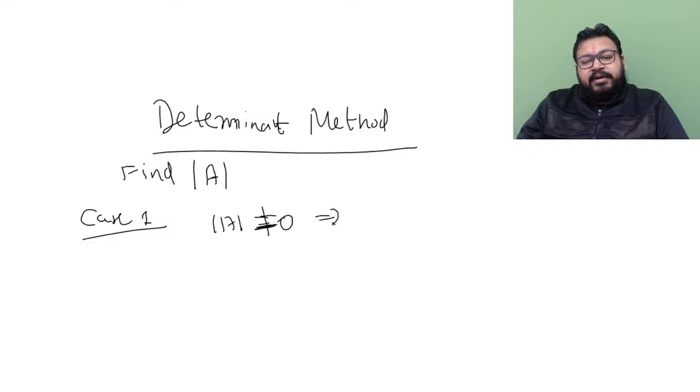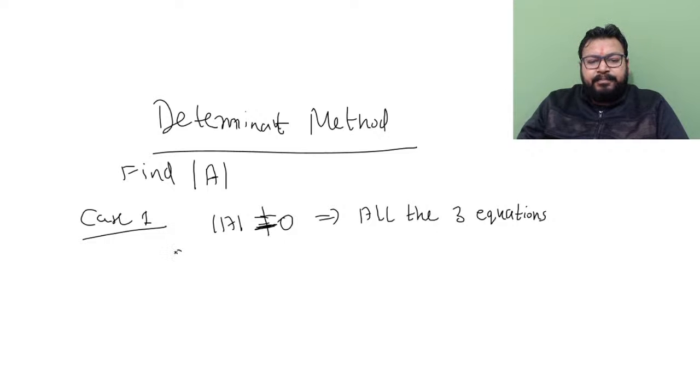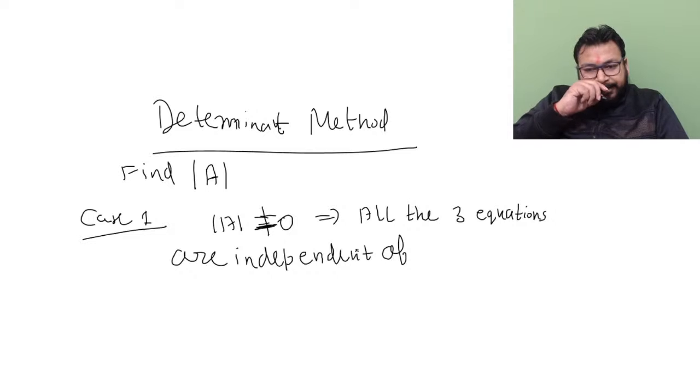Non-zero means what? All the three equations are independent. All the three equations are independent of each other.